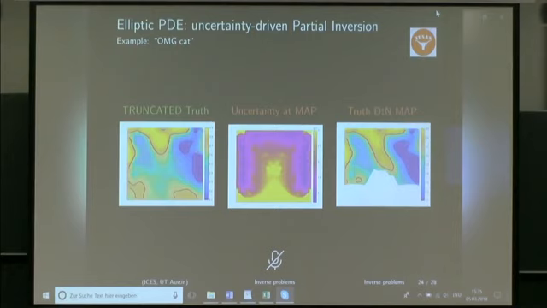In particular, we can show, of course, linear only, but for nonlinear, we can approximate the covariance of the posterior using the inverse of the Hessian at the deterministic solution.